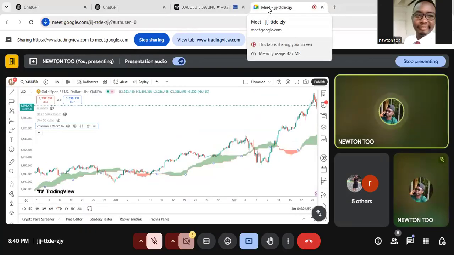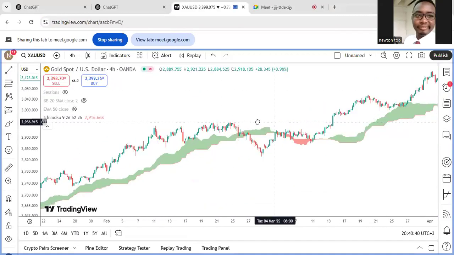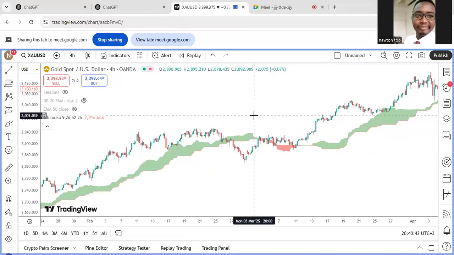If you're taking notes, write down these points I'm going to give you. First, the Ichimoku is a trend following indicator, so it helps you know the overall trend of the market.